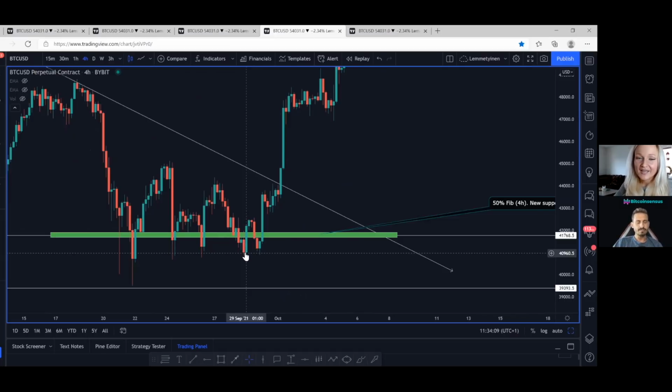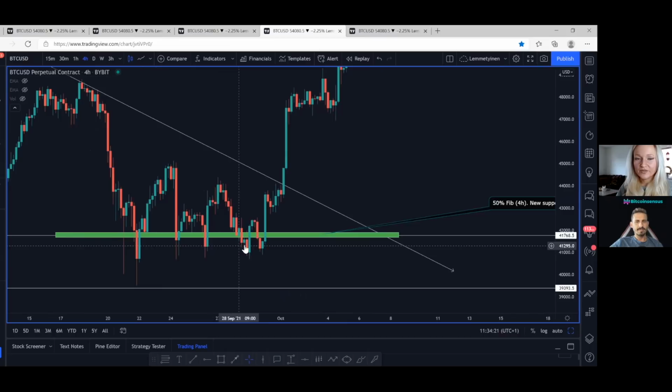Yes, exactly. And we could see that we do have huge wicks. But you can look at the 4 hour, you could see that the market actually never broke the previous low that we did have.